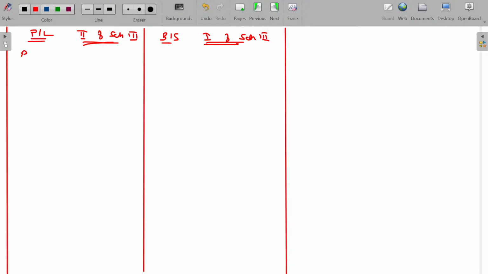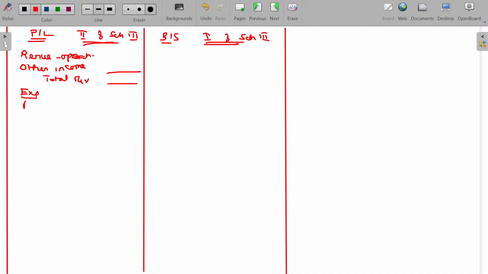Revenue from operations, other income, and total revenue, and the expenses.